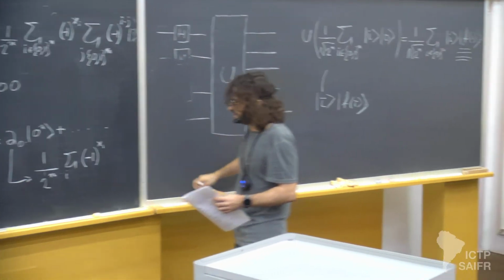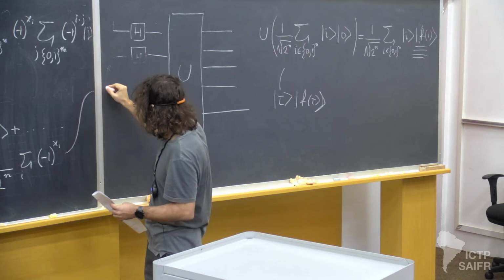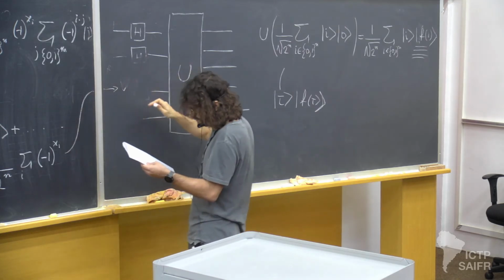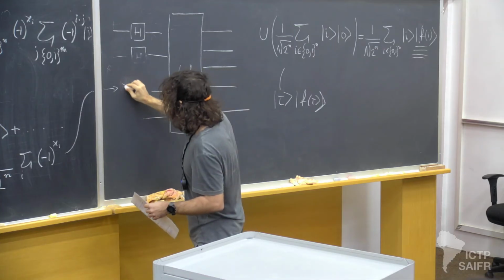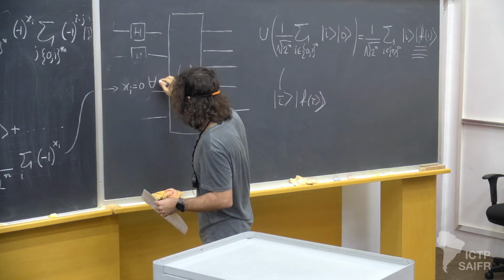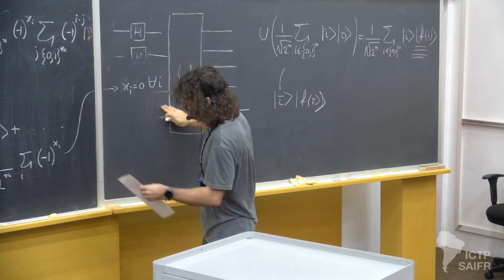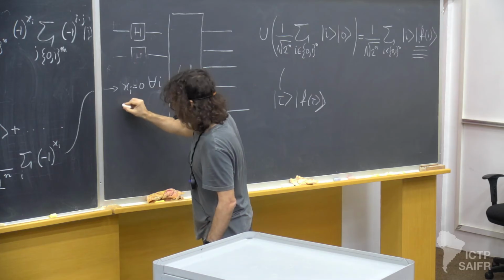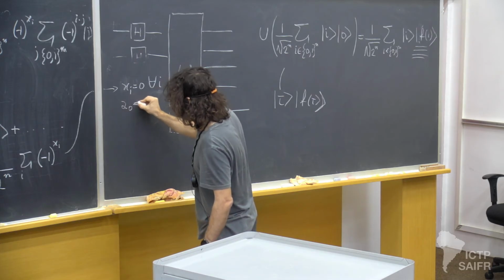The miracle is that suppose that x_i is equal to 0 for each i. Then alpha_0 is equal to 1.